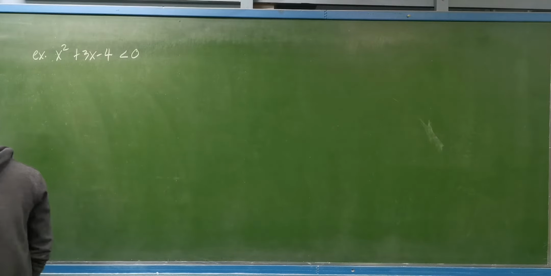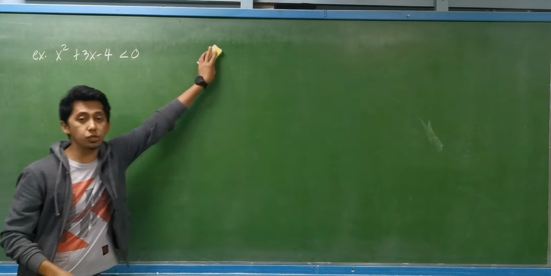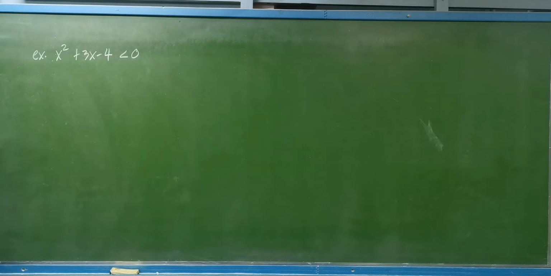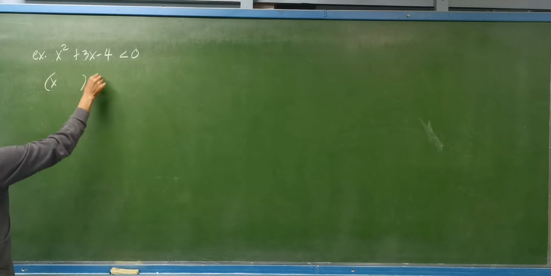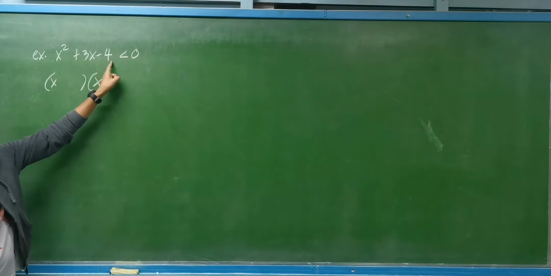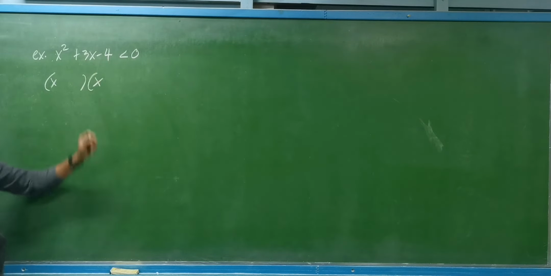Okay, so let's have another example. For example, we are to determine the solution set of the inequality x squared plus 3x minus 4 is less than 0. So let's have the factors. We have x and x. What are the factors of negative 4 that will give us positive 3?